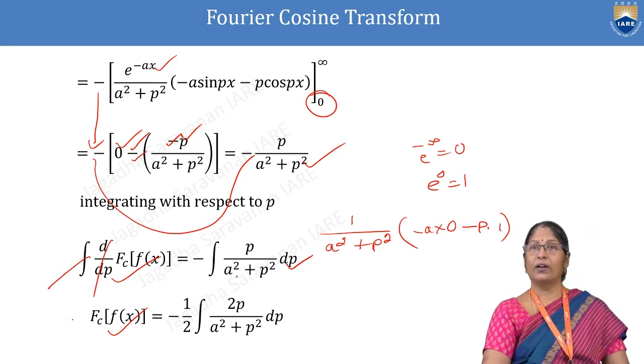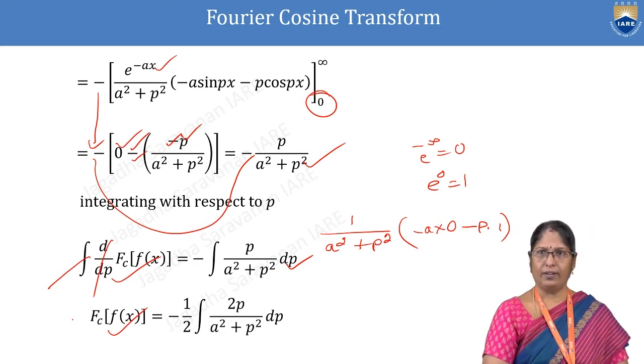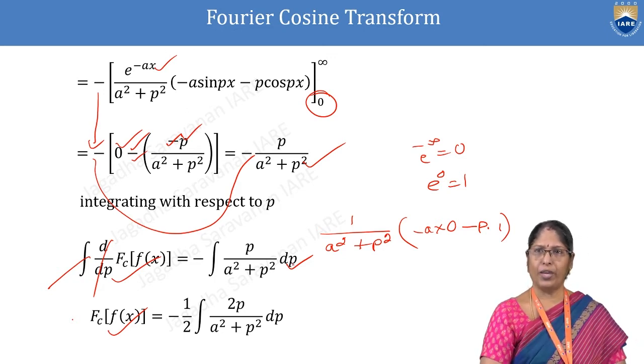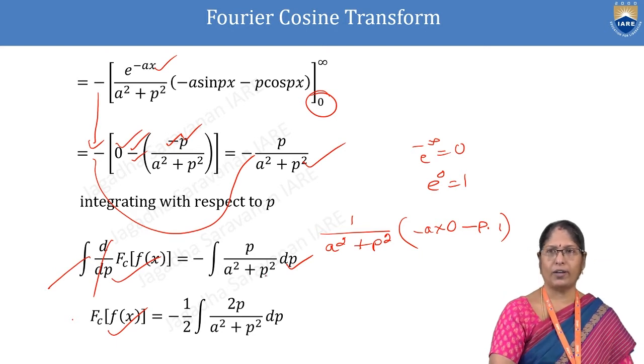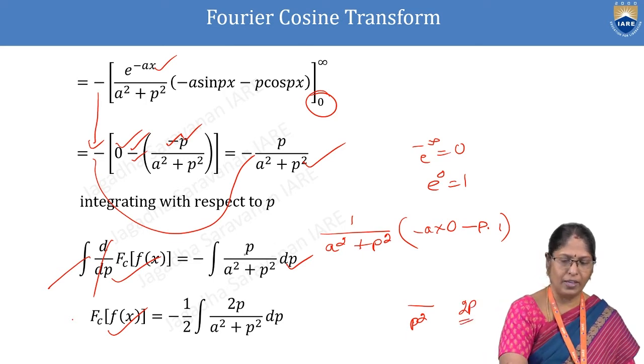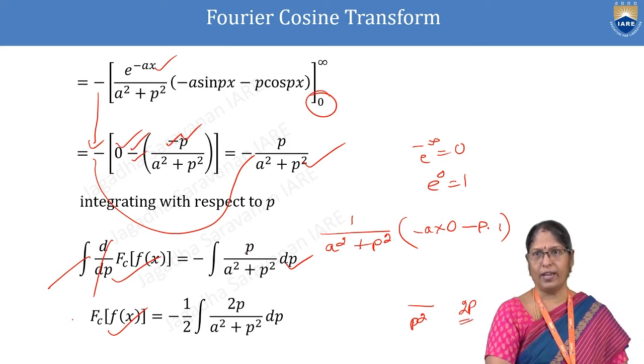Here, this integral, we are keeping in mind dp, with respect to p we are doing. The denominator is p square. If we do the differentiation, we will get 2p. But here only p is there.